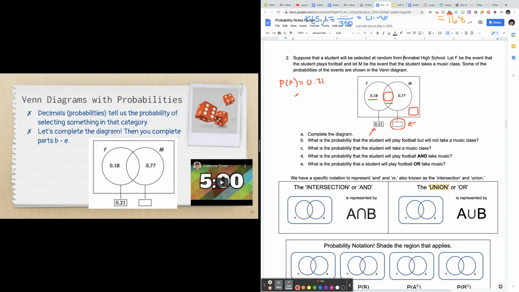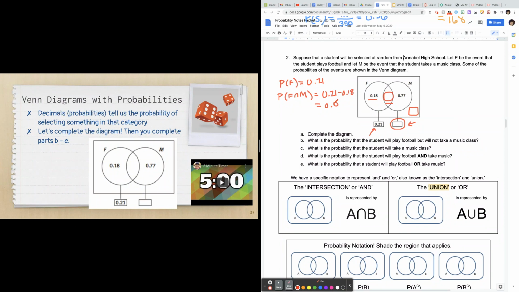Okay, and then the probability of just football without the music is 0.18, right? So the way I'm going to figure out the probability of football and music is I'm going to actually subtract the 0.21 and the 0.18. Right, because those are the two parts, right, of that 0.21 total.